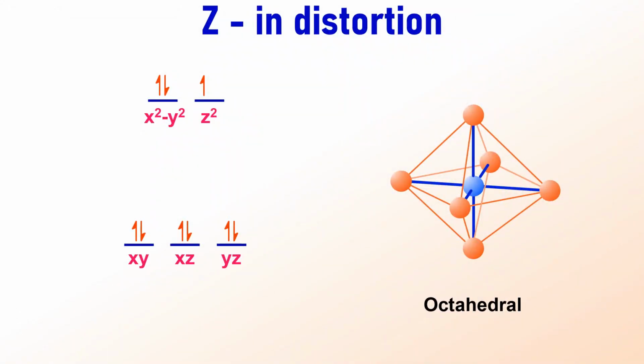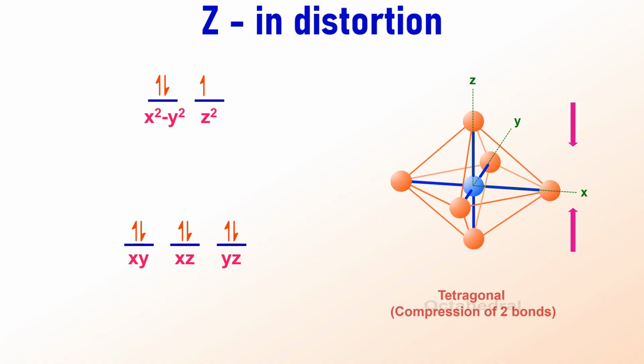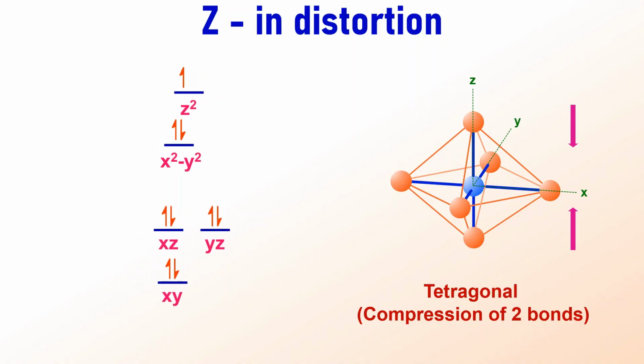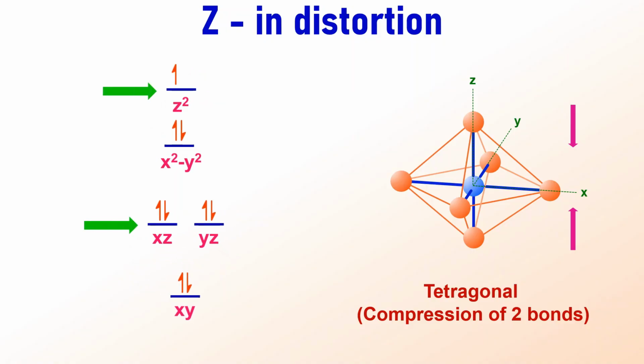Now let us see what happens in the case of z-in distortion. The bonds along the z axis become shorter. Because of this, the d orbitals that have a z component come closer to the ligands and experience more repulsion. Therefore, the dz2, dxz and dyz orbitals go up in energy as shown on the screen.